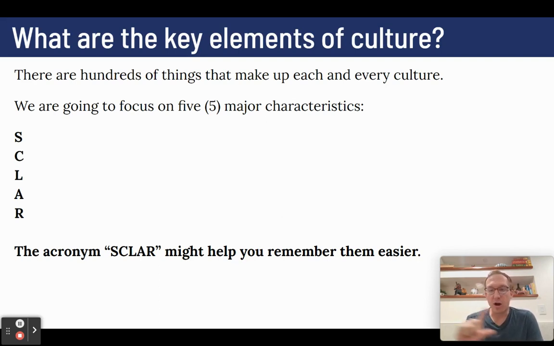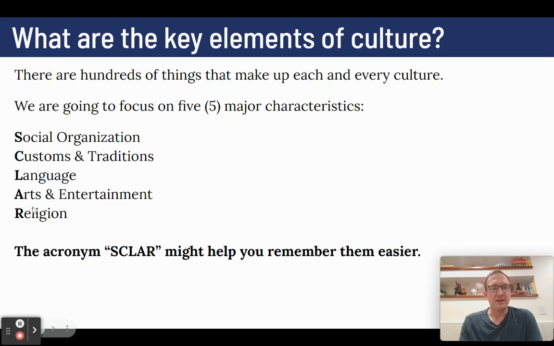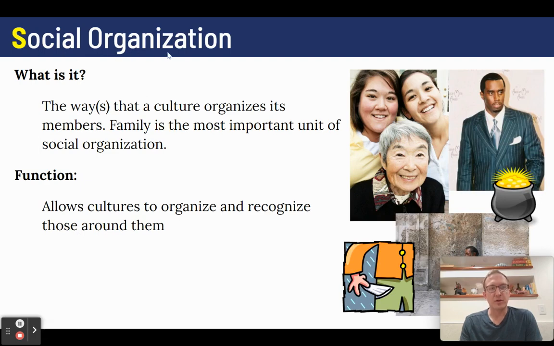So, what SCLAR stands for is on the left here. And what that means is social organization, customs and traditions, language, arts and entertainment, and religion. So, let's dive in. Social organization.